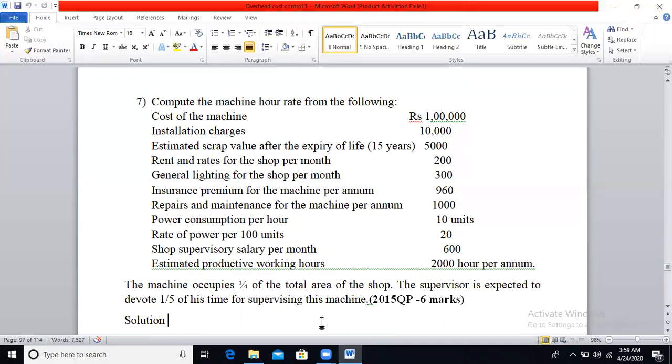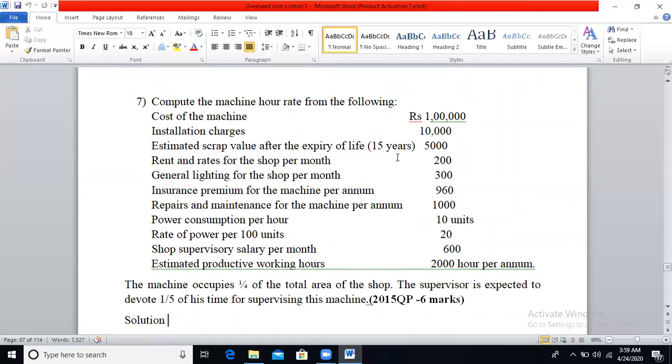So first, we are treating this machine as a separate machine. Then the second step is identification of expenses into standing charges and variable expenses. So cost of machine will be considered for the calculation of depreciation. Installation charges will be considered for the calculation of depreciation. Estimated scrap value will be considered for the calculation of depreciation.